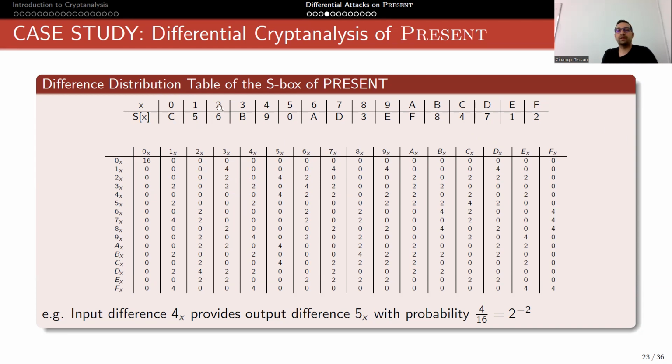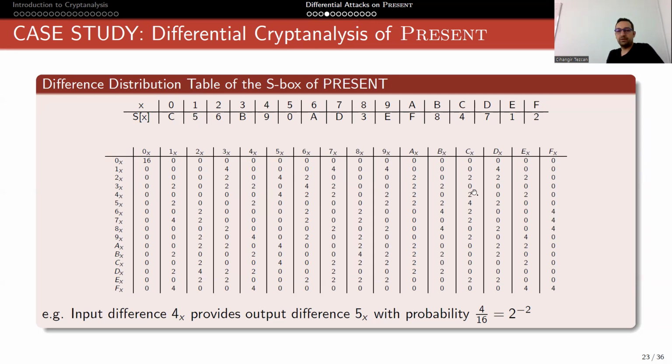But if you look at other values, like 2 and XOR it with 4, you get 6. So 6 and A, if you XOR them, it doesn't make 5, right? It does something else. Let me try to compute it. So I think it is C, if I'm not mistaken.